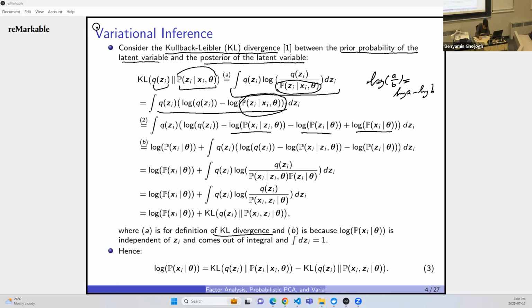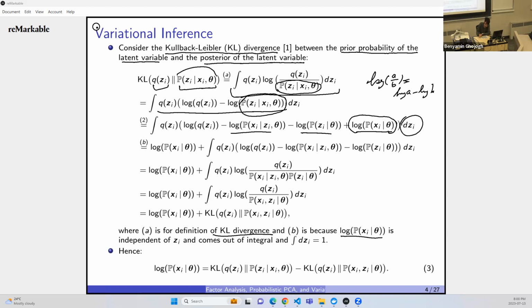Afterwards, what do we have? We know that the logarithm of P of Xi given theta, which is this, is not dependent on the integration variable Zi.